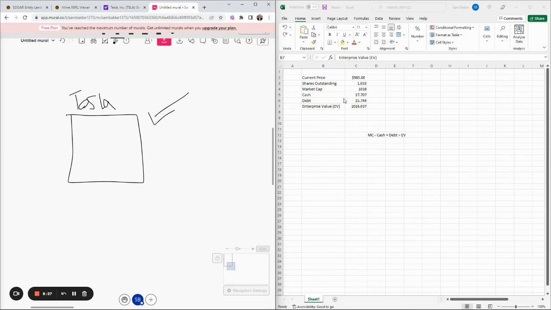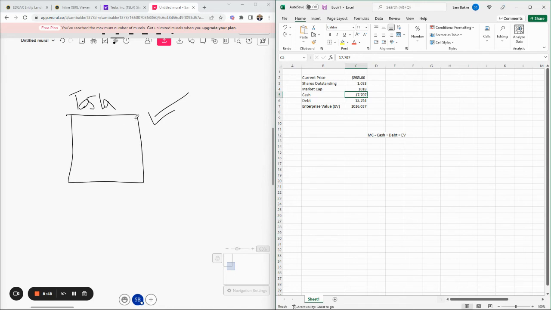Well, let's say all these other lines were crossed out, like let's say we didn't consider shares outstanding, we didn't consider the market cap. Let's just say Tesla didn't have anything to their name except the $17 billion in cash. Well, how much is Tesla worth then? They're worth probably $17 billion in cash, right? It's just you're trading dollar bills for dollar bills.